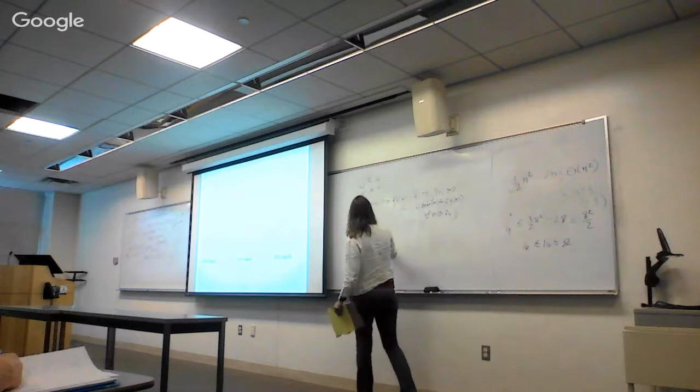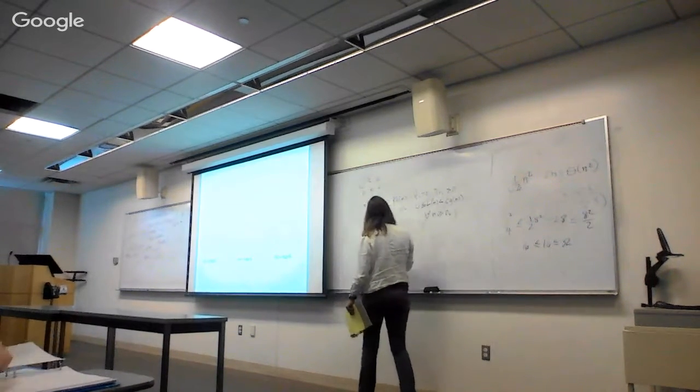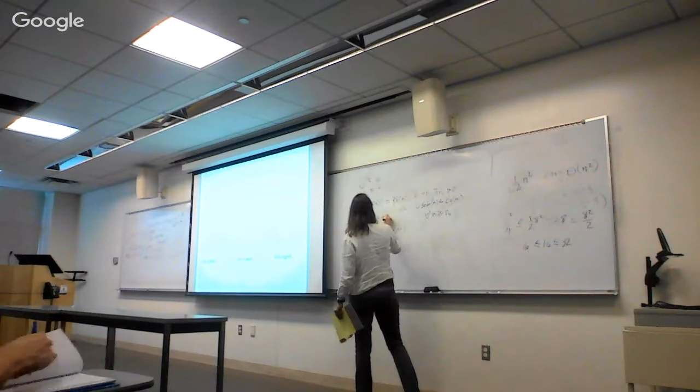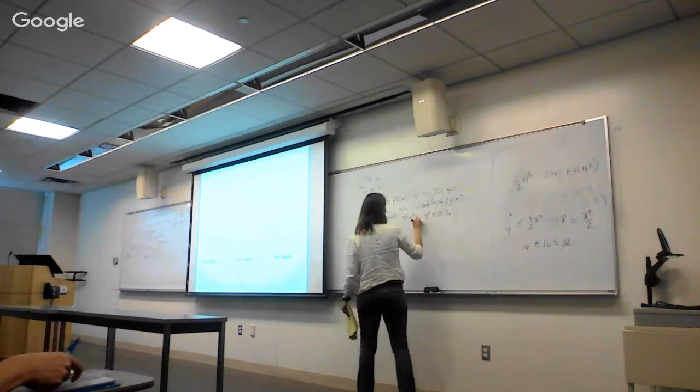Okay, so we have things like n to the 1.999 is little o of n squared. Right, n squared is not little o of n squared, but it is big O of n squared.